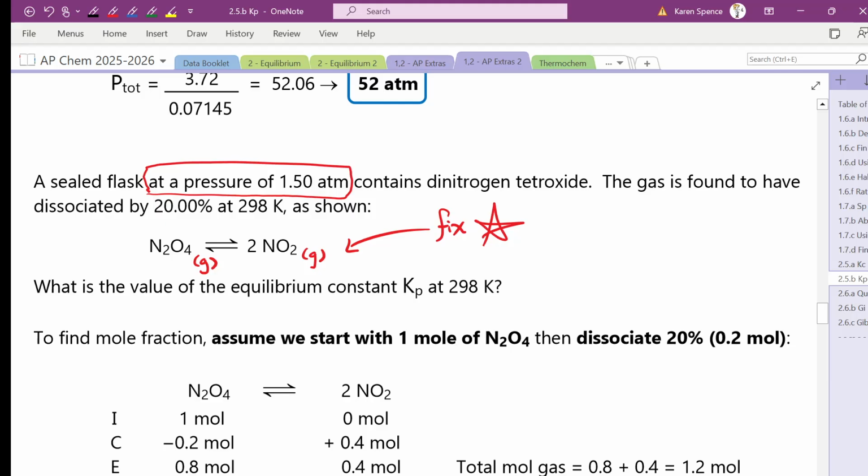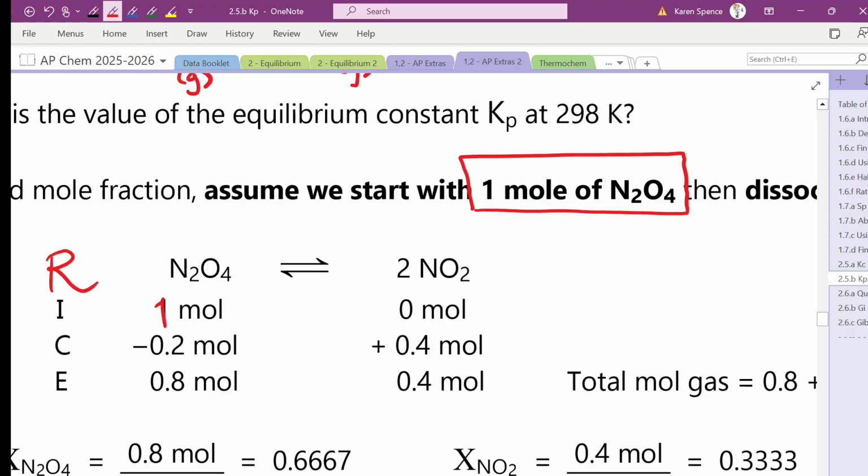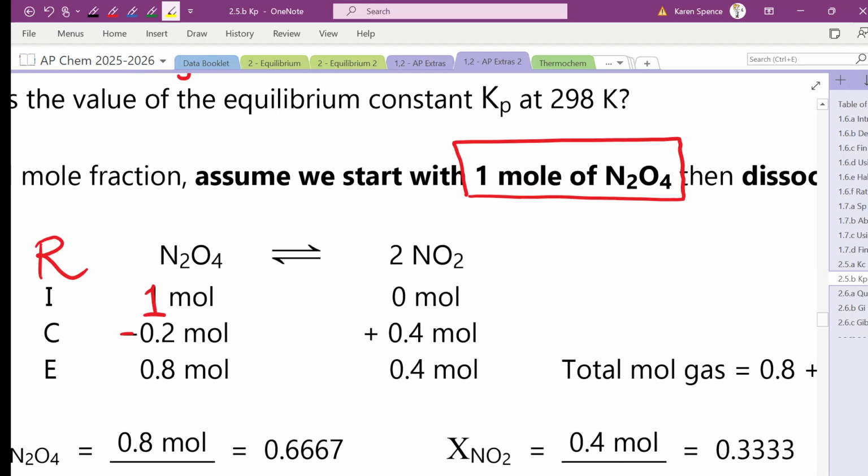Well, if we assume that we start with 1 mole of N2O4, then we can do a RICE table. So we started with 1 mole of N2O4. What is 20% of 1? 0.2. So how much of it dissociated? 20%. So we're going to take away 0.2 moles, and we end up with 0.8 moles.